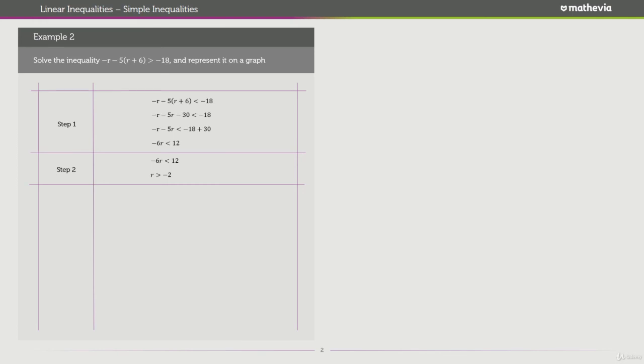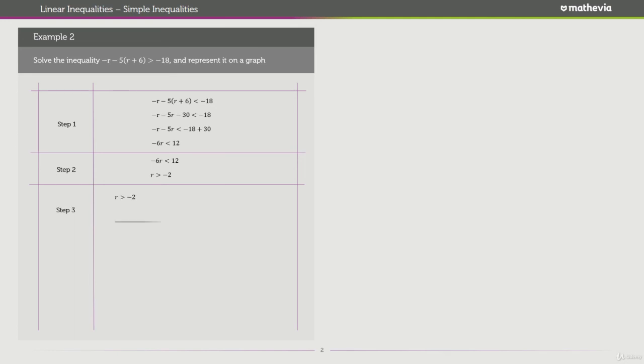So in this case we had -6r less than 12, and we divided both sides by a negative number, -6, and ended up with r greater than -2. Now we're just going to plot that on a graph.